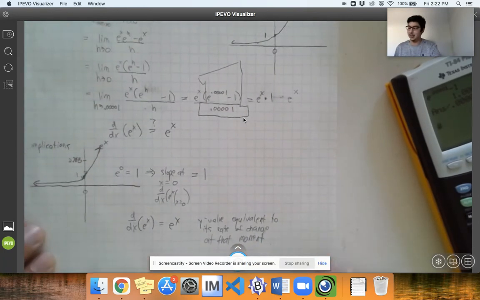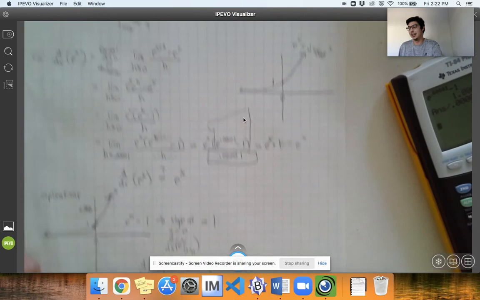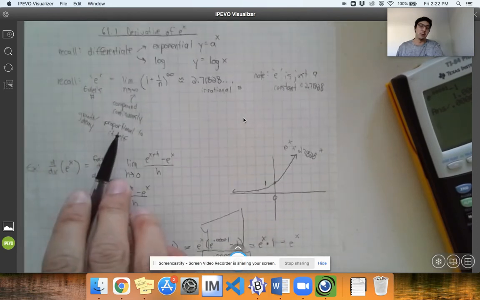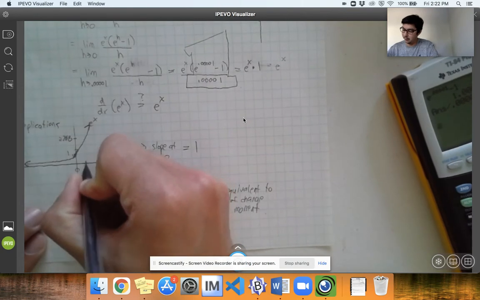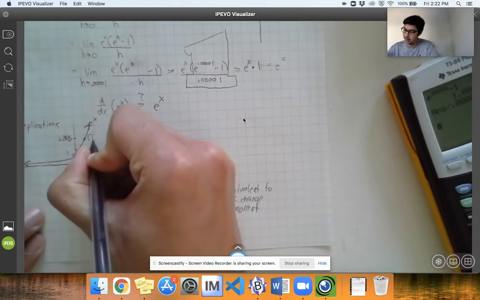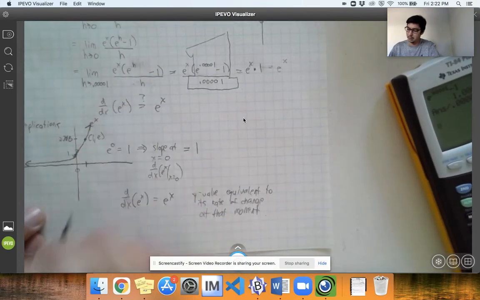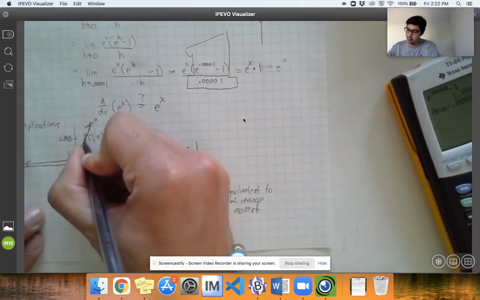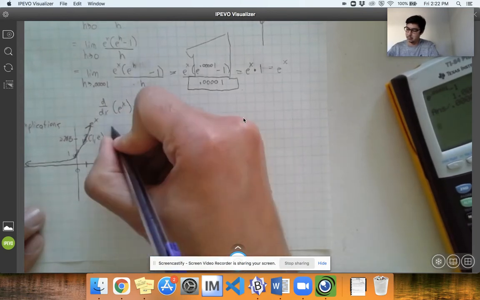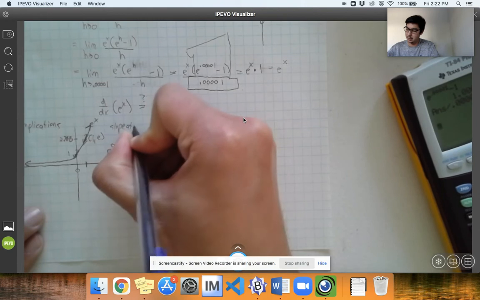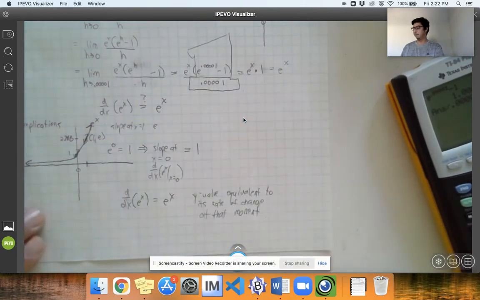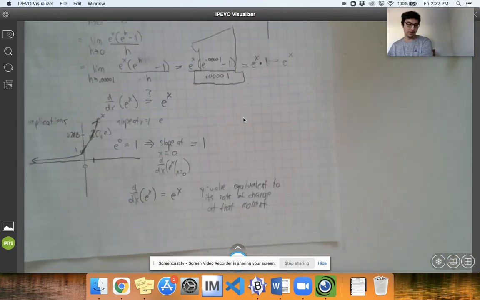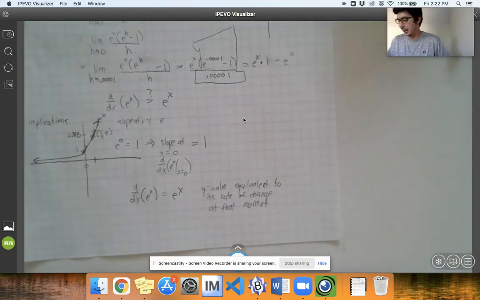That tells you a lot about e to the x. And that's the idea, again: e comes from something growing proportional to itself. Right? So even at 1, if you plug in 1, you're at 1 comma e, but that means that the slope at 1 is e. That implies that the slope at x equals 1 is e. Okay? Now, that's great and all. And that's going to help us a lot.